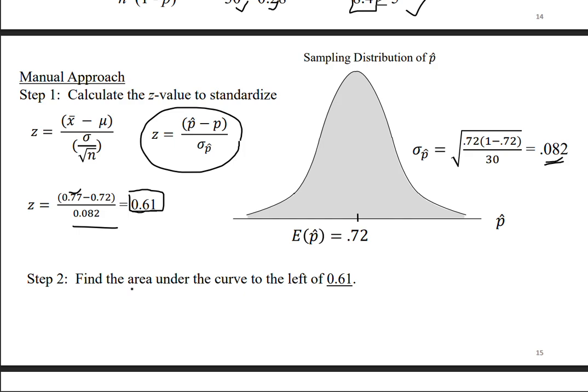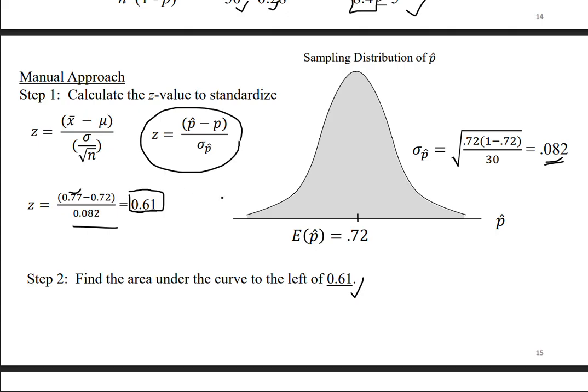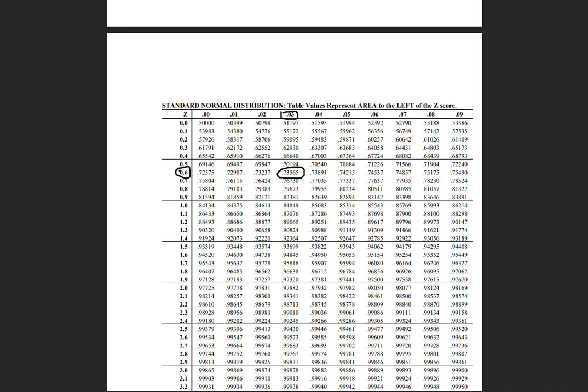After finding the standardized z-value, we go on to the next step where we calculate the probability using the standard normal probability table. You can always download it from Moodle, or you can also Google it, but we're going to find the lower tail probability of 0.61, which will be right here.